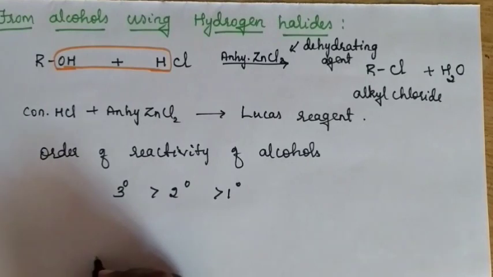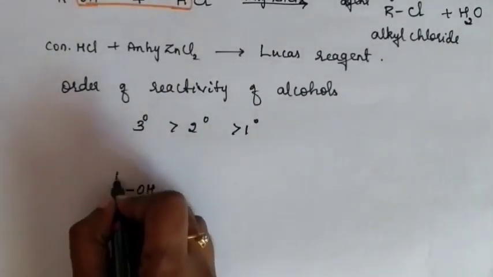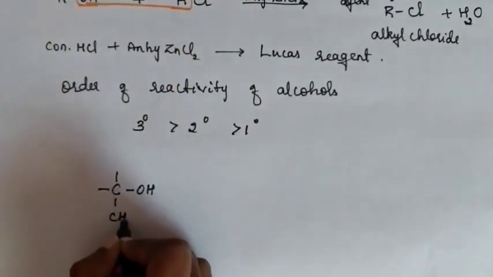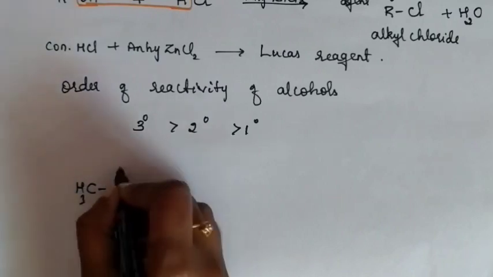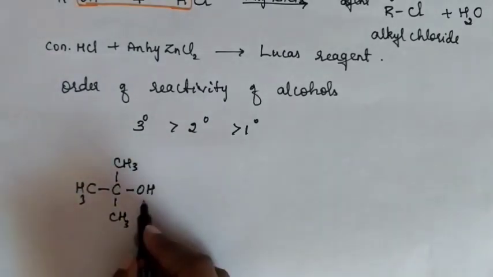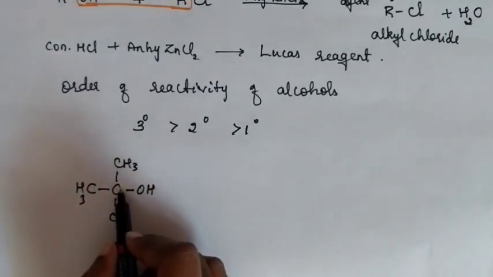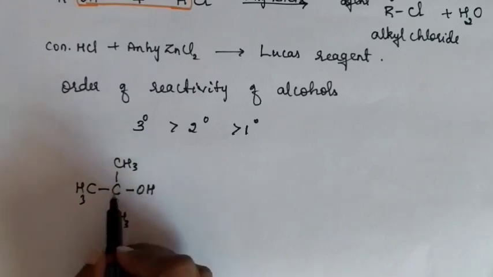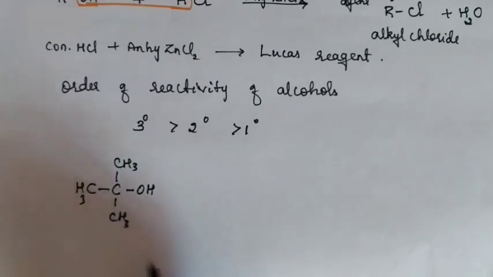Tertiary alcohol means the carbon to which the alcohol group is attached is bonded with 3 more carbon atoms. This is what we call tertiary alcohol.